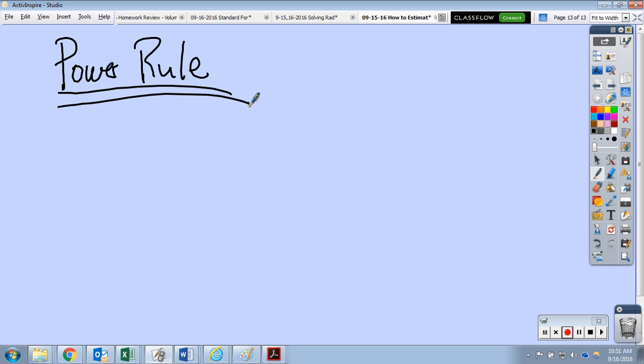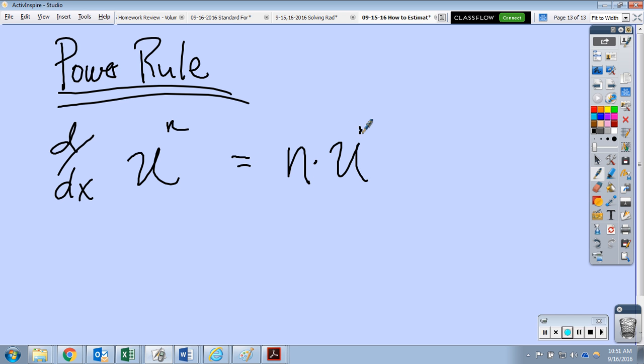So power rule is saying if you have something, let's say d dx of u to the n. The general picture is you bring the n to the front, you drop this down one, and then it's the derivative of this, d dx.